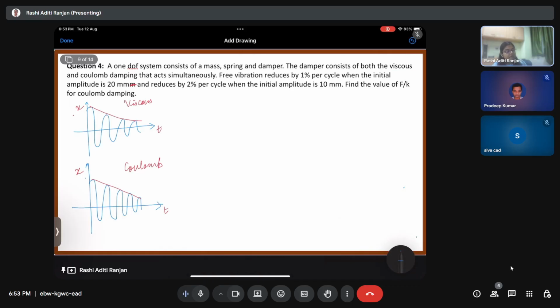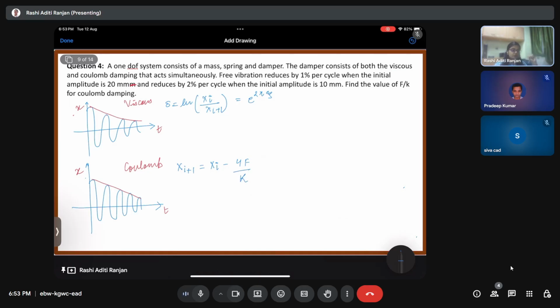Okay, so we had a relation for the viscous damping, which was we had logarithmic decrement delta as ln of xi by xi plus 1, and this was equal to e to the power 2 pi eta, where eta was the damping ratio. Well, for the Coulomb damping, we had a relation x of i plus 1 is equal to xi minus 4F by k.